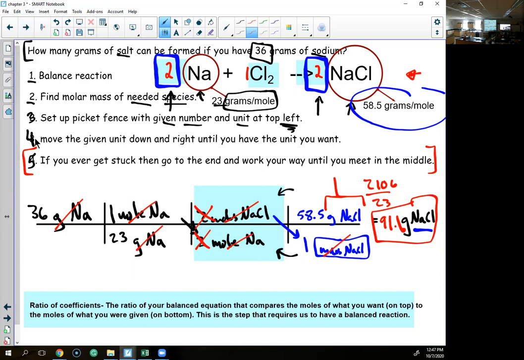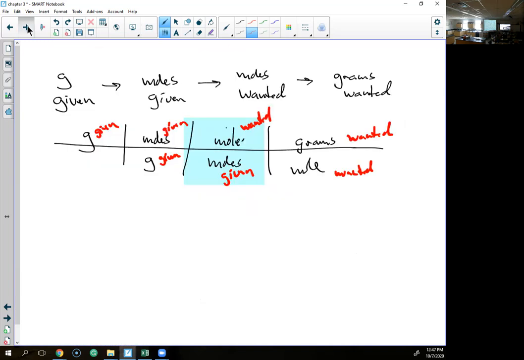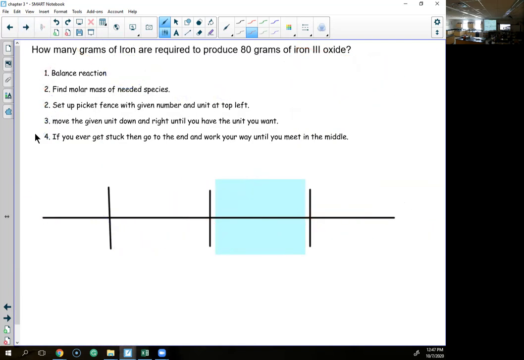Okay. Rule number 5 says if you ever get stuck, then go to the end and work your way until you meet in the middle. So on the next example, we'll walk you through that. Okay. So how many grams of iron are required to produce 80 grams of iron 3 oxide?